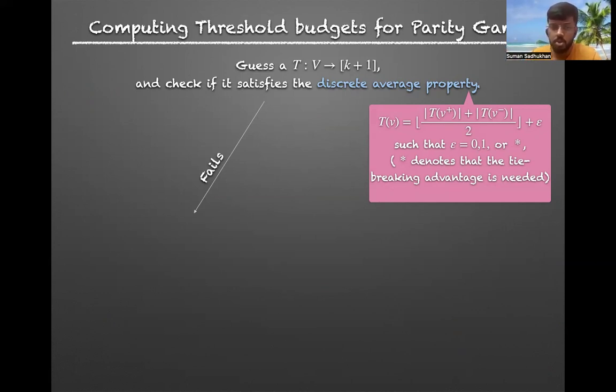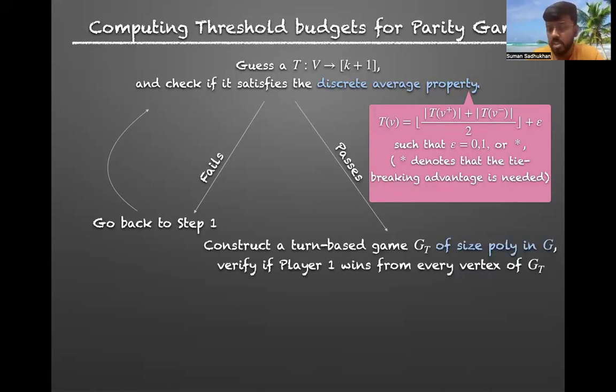So we first guess a function T that is a candidate for the threshold budget, and we check whether it satisfies the average property. If it fails, we know that it's not a good guess. If it passes, then we construct a game GT, which depends on T, which is a turn-based parity game.